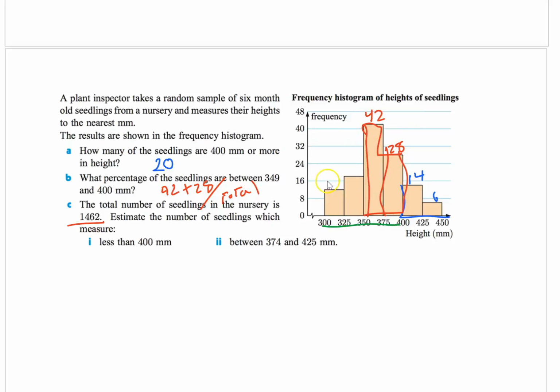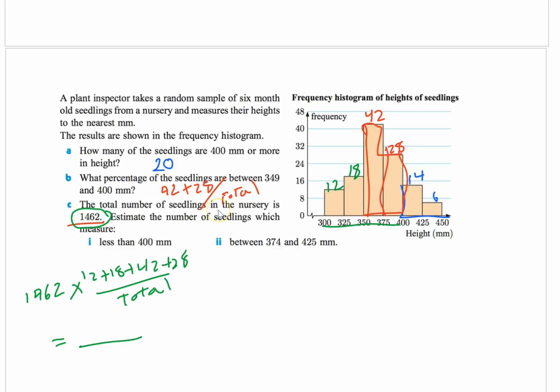Again, this looks like it might be 12, and let's say 18. You're going to go 12 plus 18 plus 42 plus 28 divided by the total, which again, I'm too lazy to look for. And then since they want you to estimate from the 1462, the census they took, basically the whole thing, that's going to be a percentage there. You just multiply that by 1462. That'll get you a rough estimate of how many of them are less than 400.